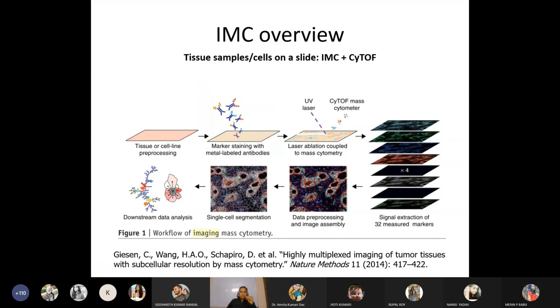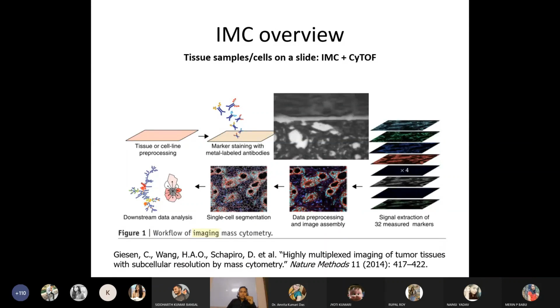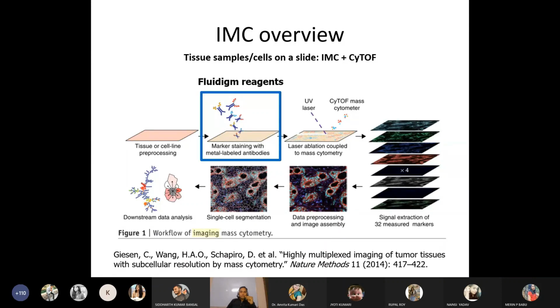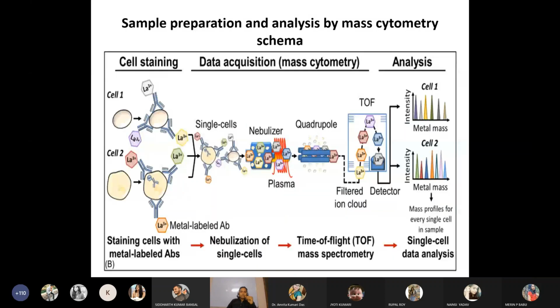So this is a picture of how, if we do not intend to find out the image of the cells, we can use it otherwise, for example, for single cell proteomics by mass cytometry.